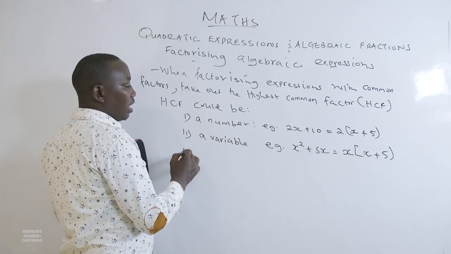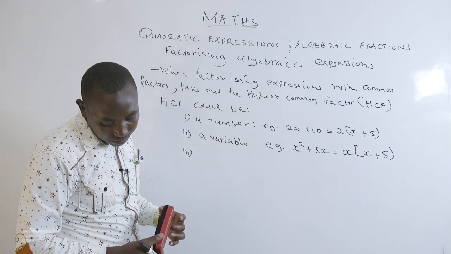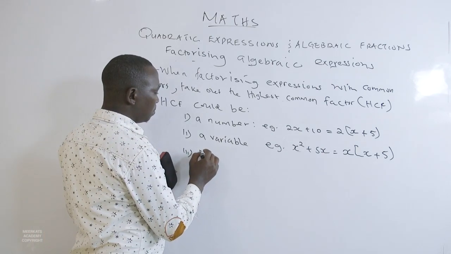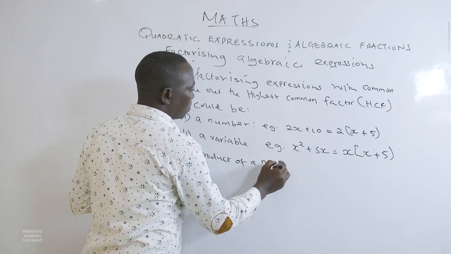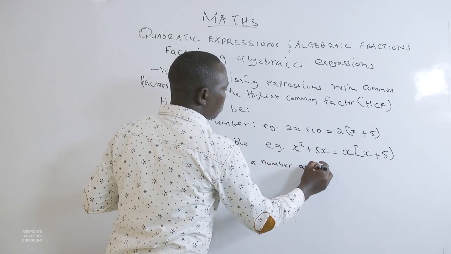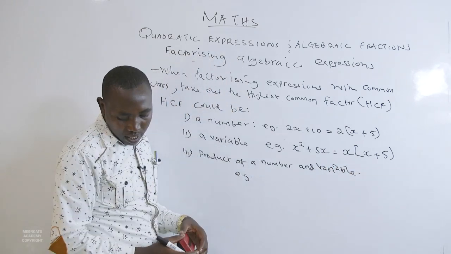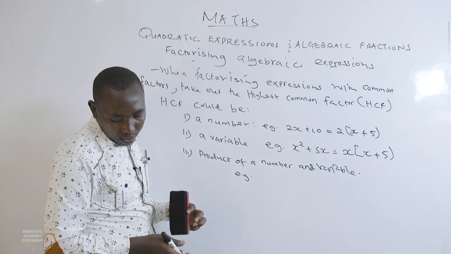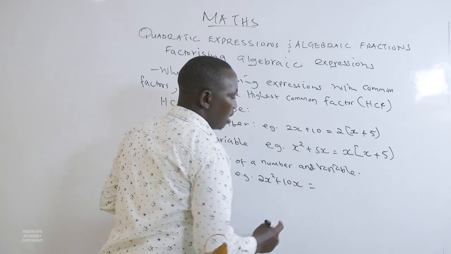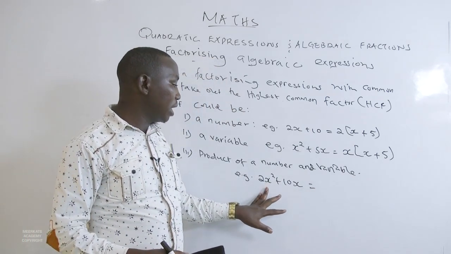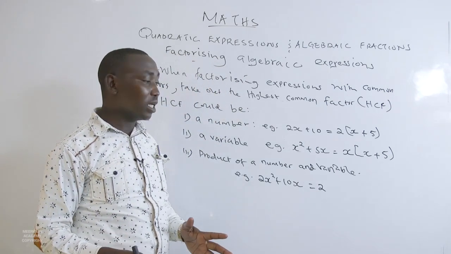Number 3, it can be a combination of the two, a number and a variable. Example given, if we have 2x squared plus 10x, you'll appreciate that for the whole numbers 2 and 10, there is a common factor which is 2, and it is the highest common factor.